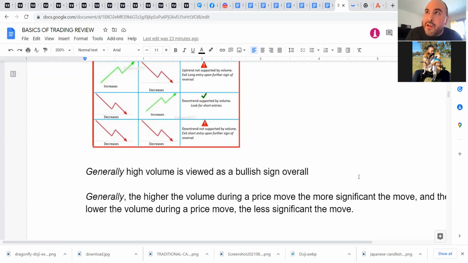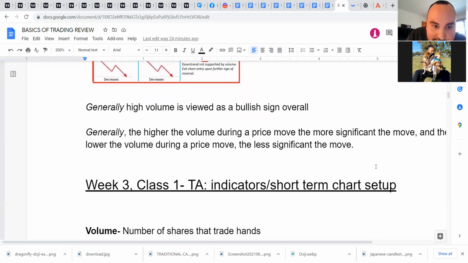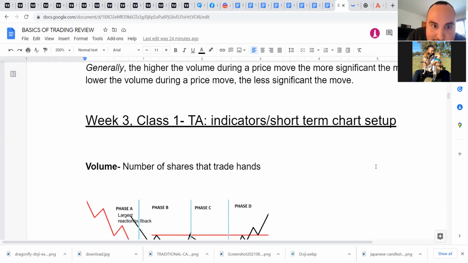And it's not really a secret why. It's because of having these set rules, so you're only entering the trades with the highest probability of success. And yeah, that's really it for volume.